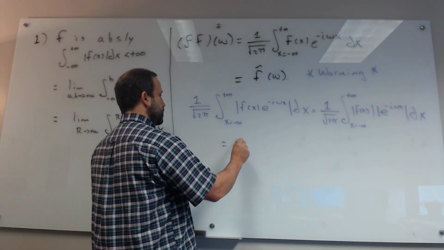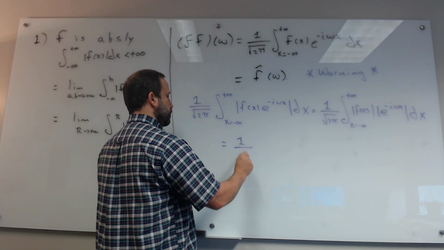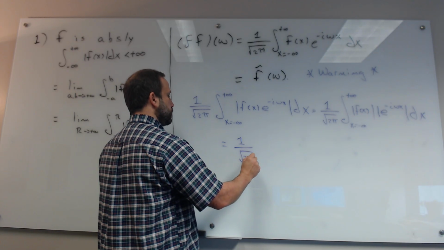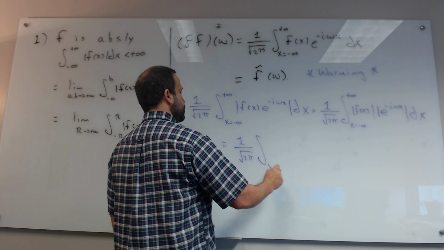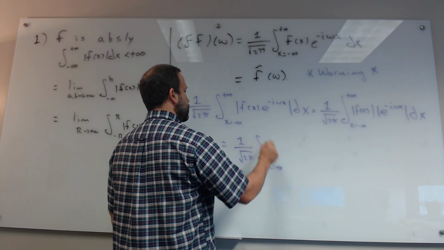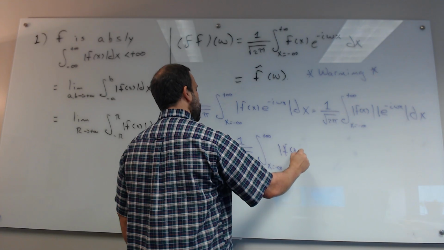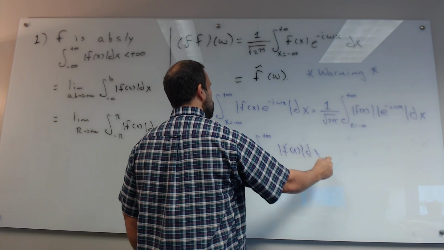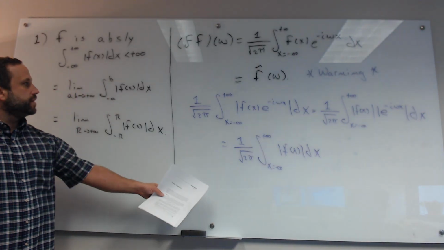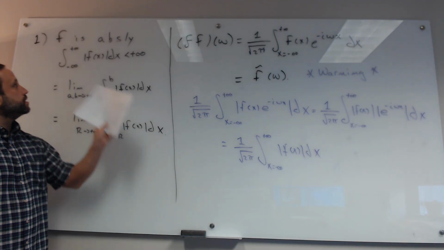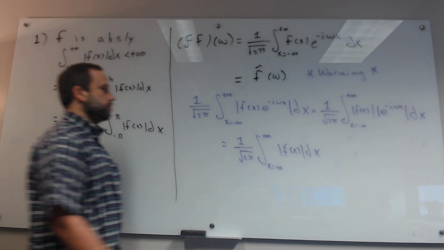And so this is 1 over the square root of 2 pi times the integral from x equals minus infinity to positive infinity of the absolute value of f of x dx. And we know by assumption that this integral converges. That's what it means for f to be absolutely integrable.